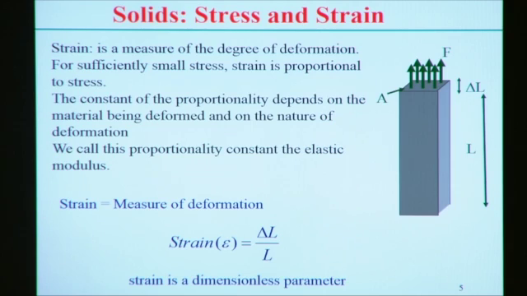If we look at the right hand side figure, L is the original length, and with the application of the load F, it deforms to final length L plus delta L. So specifically the increment of the length in the specific direction, that means parallel to the force vector, is delta L. Here stress is defined as the load over the area, and strain is the increment of the length compared to the original length.